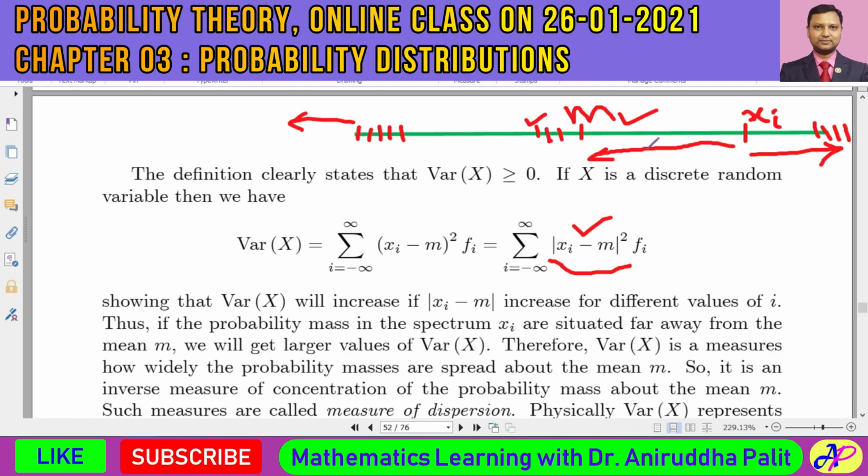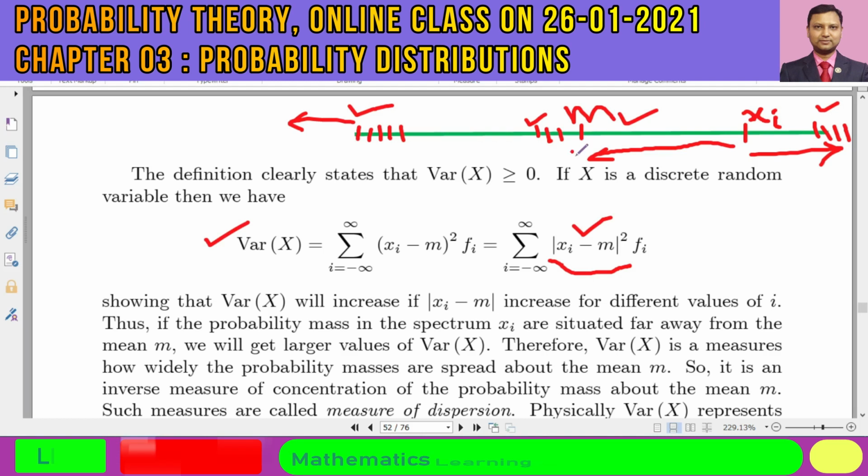If the variance of x is larger, then there are certain points xi at a very large distance from the value of m.